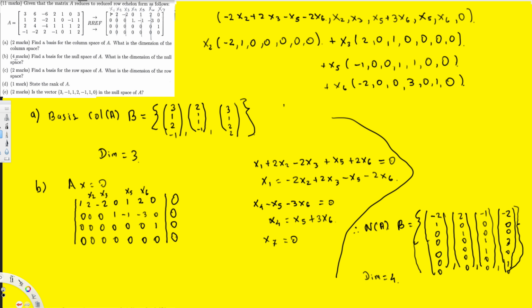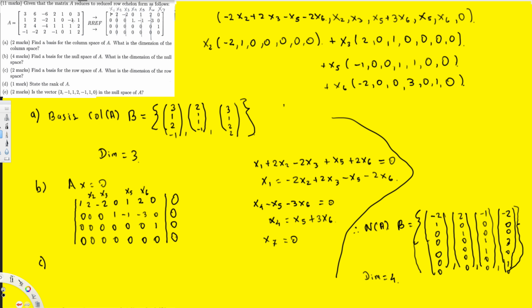And then the third question, question C, is asking: find the basis for the row space of A. What is the dimension of the row space of A? To find the row space, basically it's going to be the rows with the pivots. If you see, we have the pivots in the first row, second row, and third row.